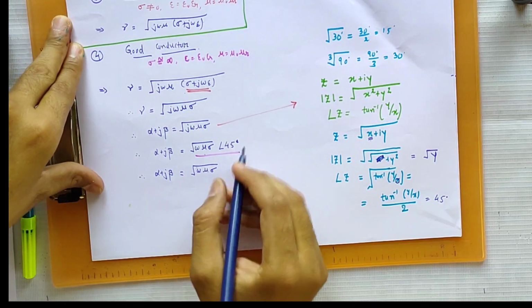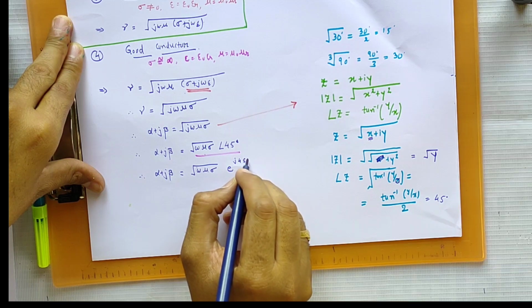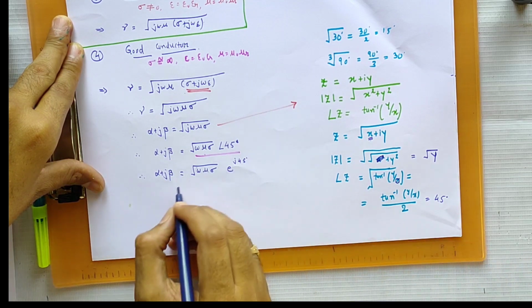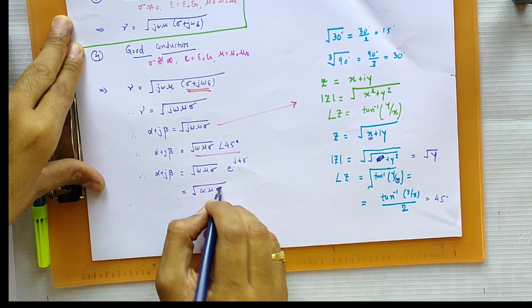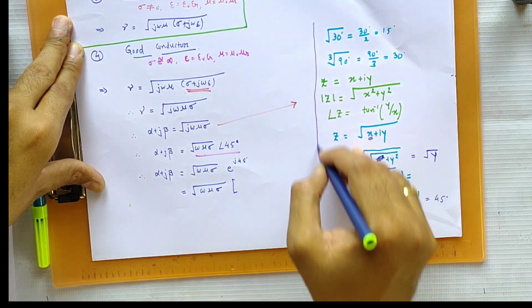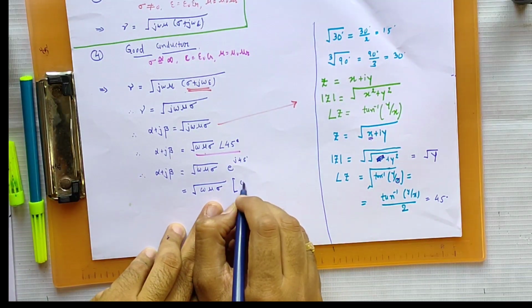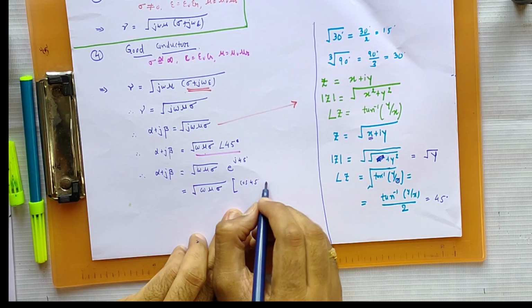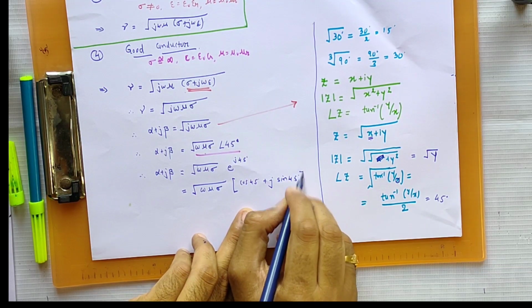You can write this as an exponential, e raised to j 45 degree. Under root of omega mu sigma, it is e raised to j theta, and e raised to j theta is cos theta plus j sin theta, so it is cos 45 degree plus j sin 45 degree.